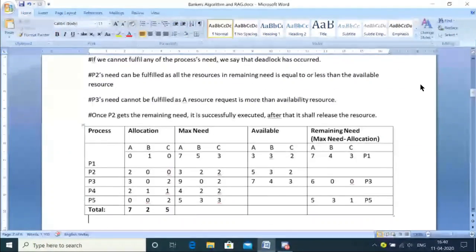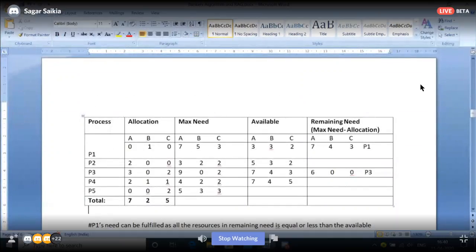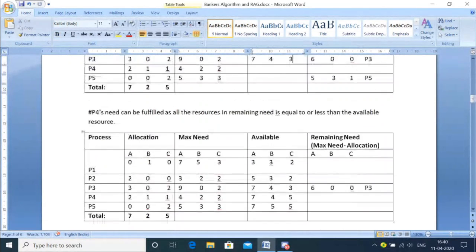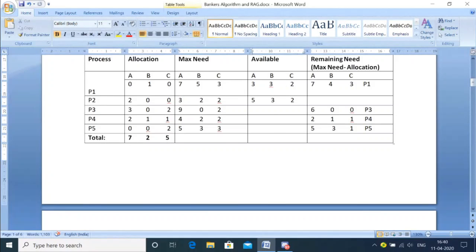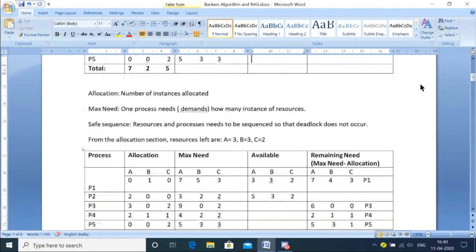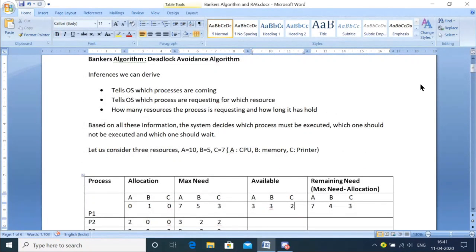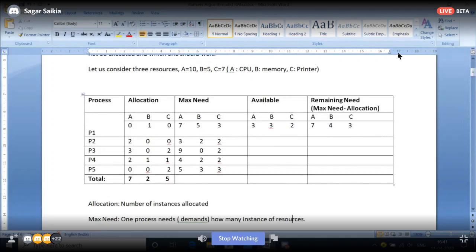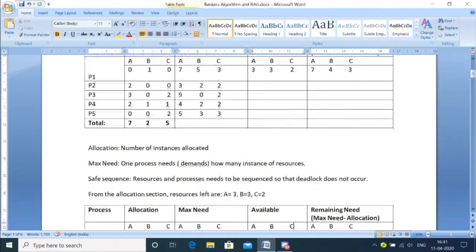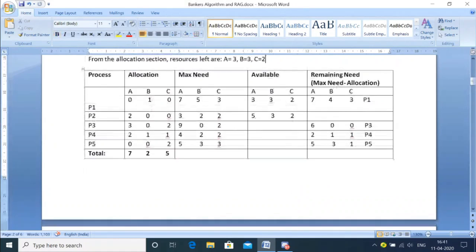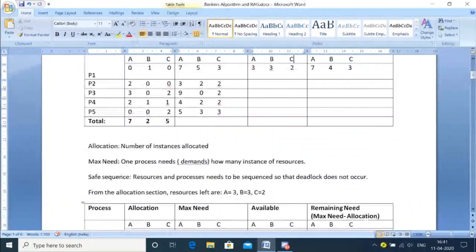I have populated all the tables, so those values are lost. Look here, let's say for example, just look for P1.